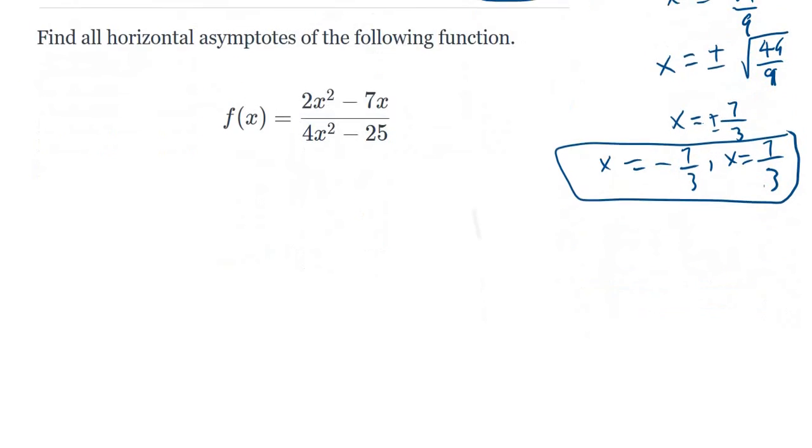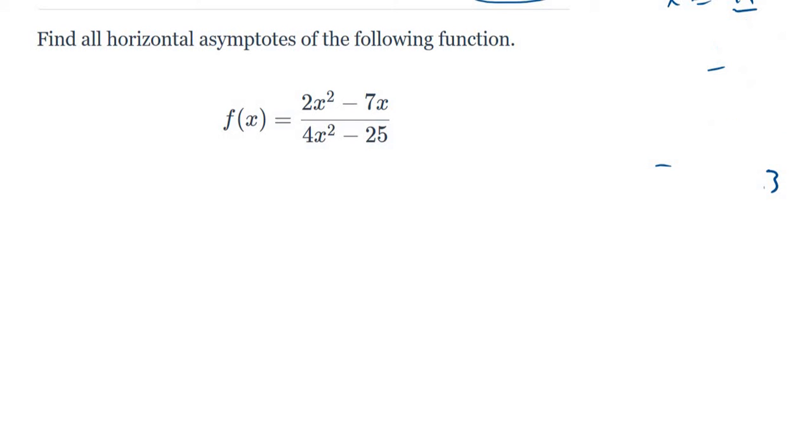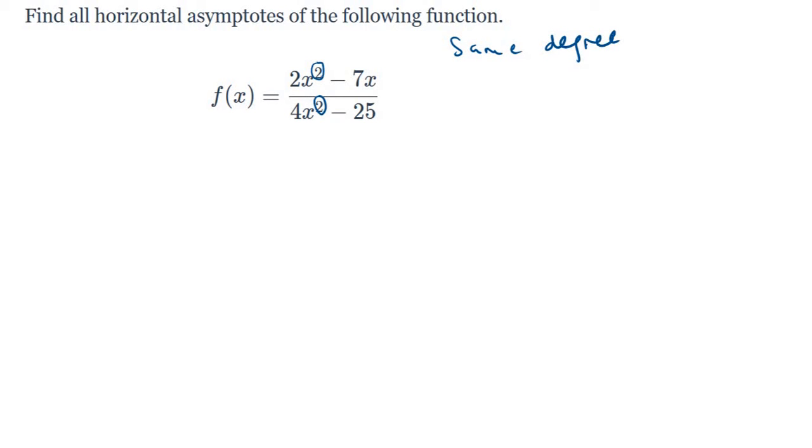All right, the last problem says to find the horizontal asymptote. Okay, let's clear that from the screen. So we're going to find the horizontal asymptote of this function, okay? To find the horizontal asymptote, you have to know the rules. So if they have the same degree like this one, you do the ratio of the leading coefficients.